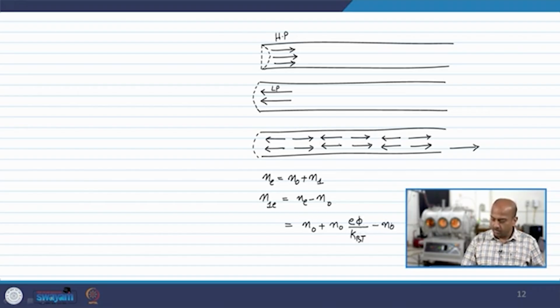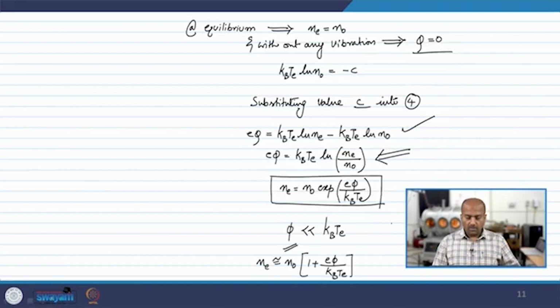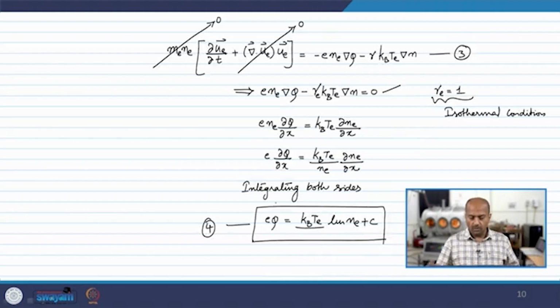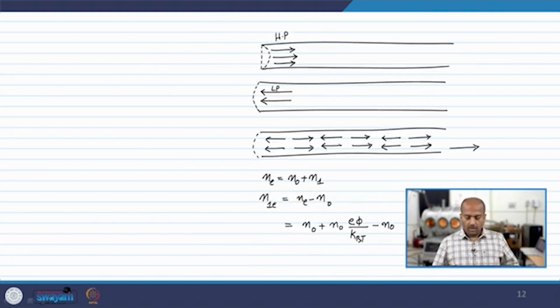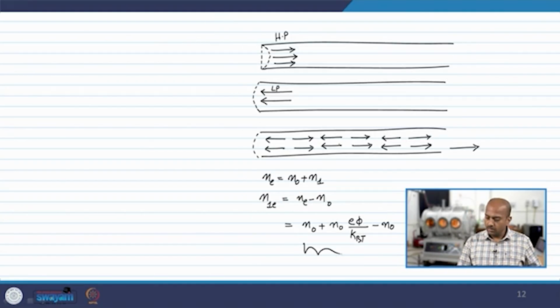We have a minus N0. What am I using? I am using this Ne in this equation as this minus N0 as it is. So, we can write N1e, the perturbed electron density, as simply N0 e phi by kBT.